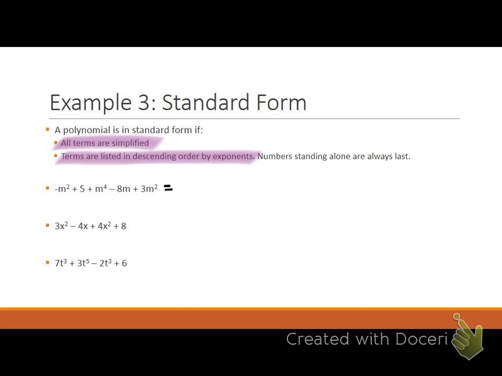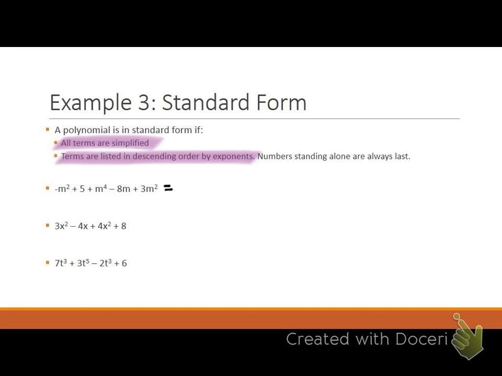All right, so go ahead and write down the 2 rules for standard form: all terms are simplified, meaning I've combined my like terms. We'll talk about that in a sec. And then they're in descending order by exponent.